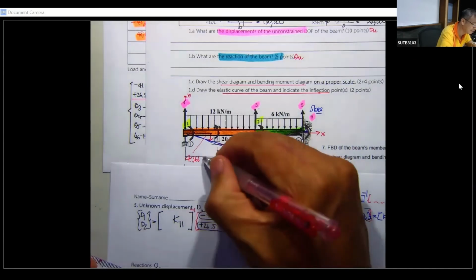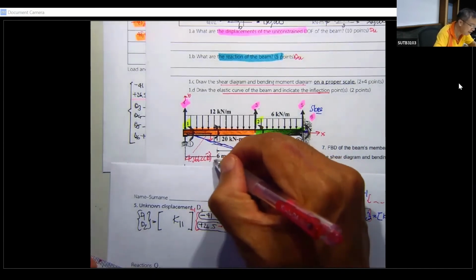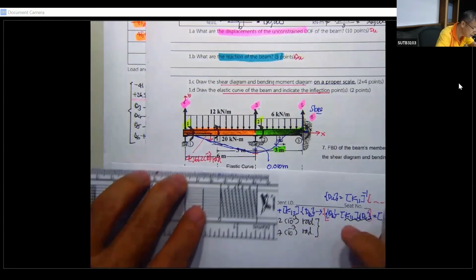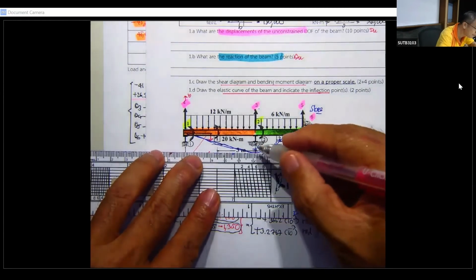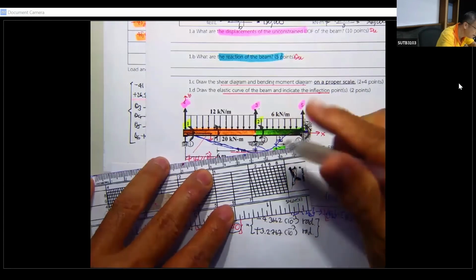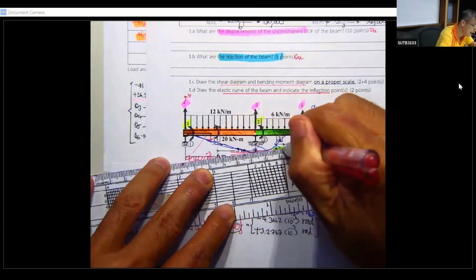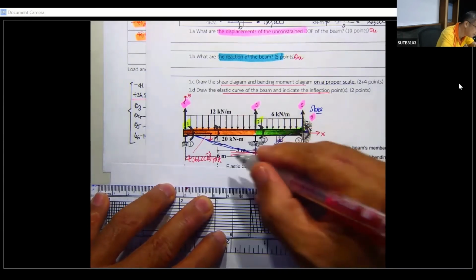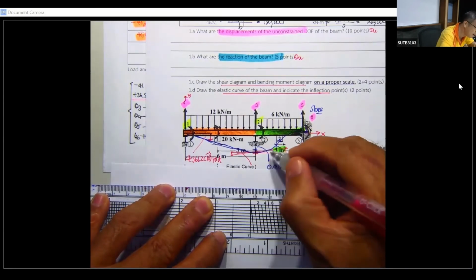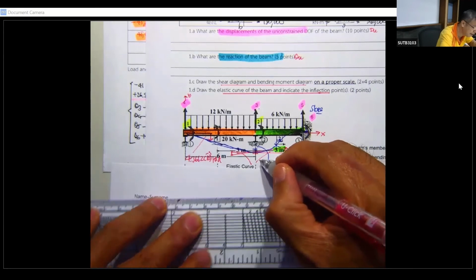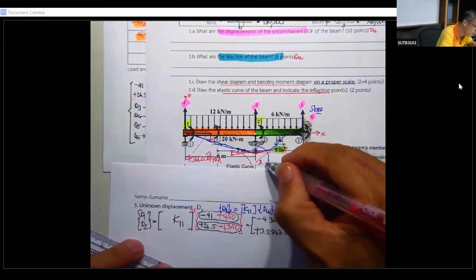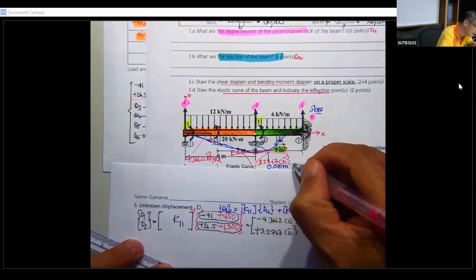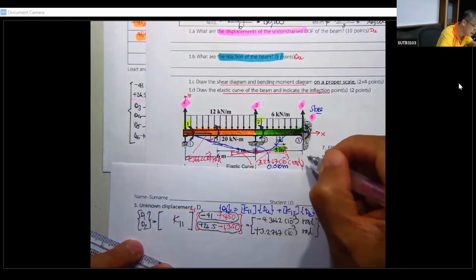You're going to draw the elastic curve here again, and this one over here, the rotation is going to be positive, so it's going to be something like this, and it's going to be in the same direction, both on the left and on the right. This is going to be 3.2767 times 10 to the minus 3 radian.